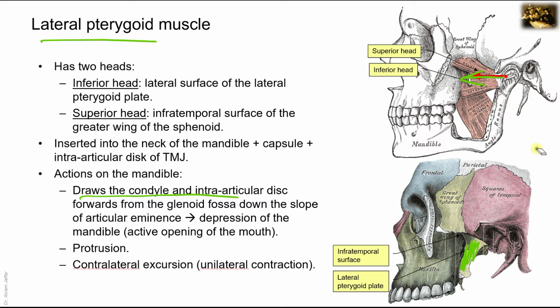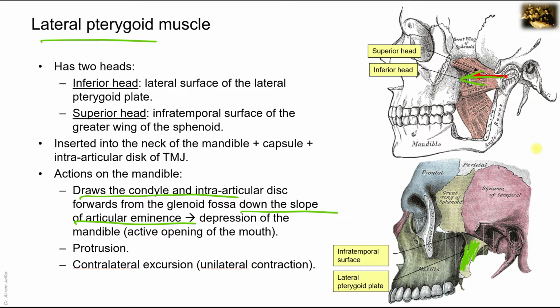So the head of the mandible is drawn down the slope of the articular eminence, and this results in depression of the mandible, and this helps in active opening of the mouth. So it is an active opener of the mouth. The mouth can be actively and passively opened, passively by gravity, but this is an active opening of the mouth.